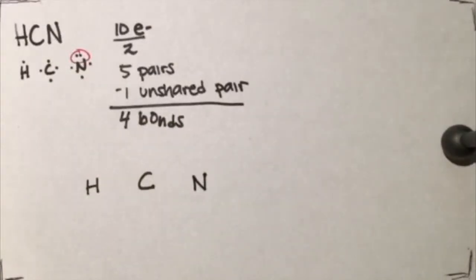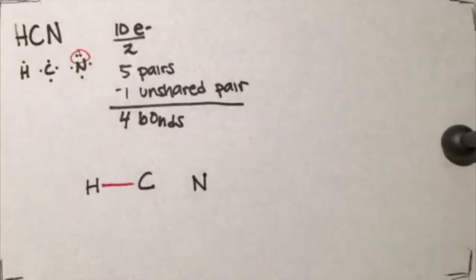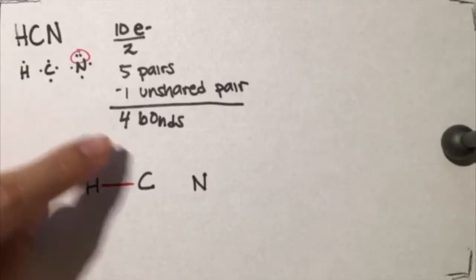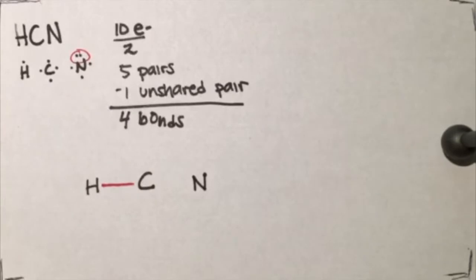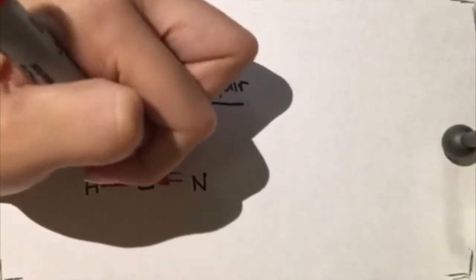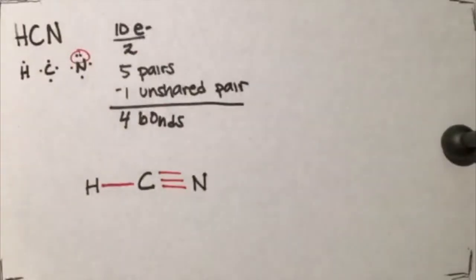As I mentioned earlier, hydrogen follows the rule of duet, so we can satisfy this by bonding it with carbon. Now, carbon is left with 3 openings, and nitrogen also has 3 openings. We can satisfy this by creating a triple bond between carbon and nitrogen.